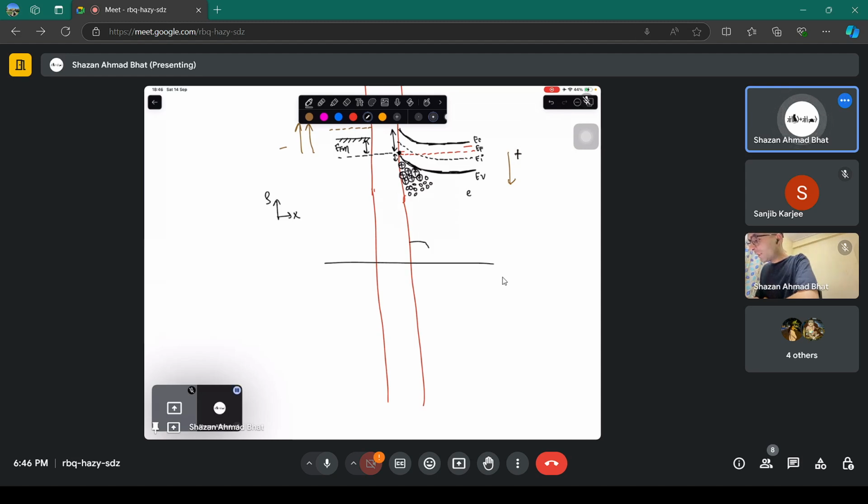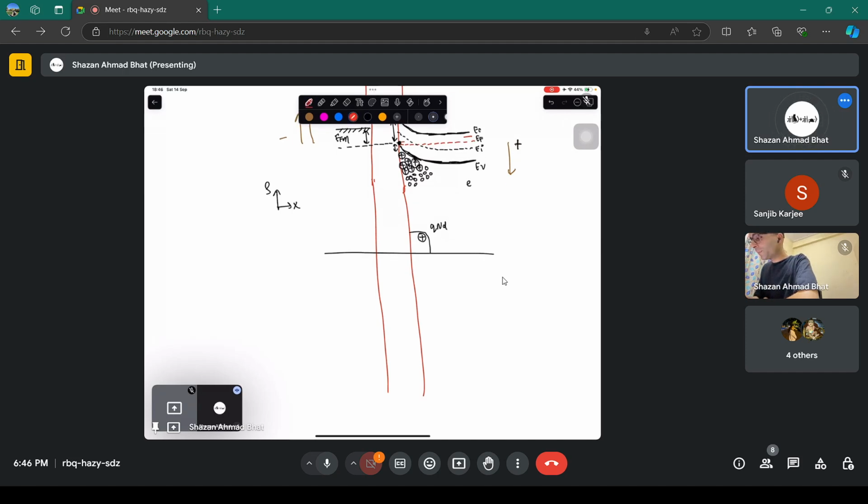You already showed this particular thing as Q times ND, a positive charge. Now the holes are going to pile up at this particular region, apart from the immobile ionized donors. And don't confuse this picture with the picture if you have a p-type semiconductor on this side; that will have the opposite picture.